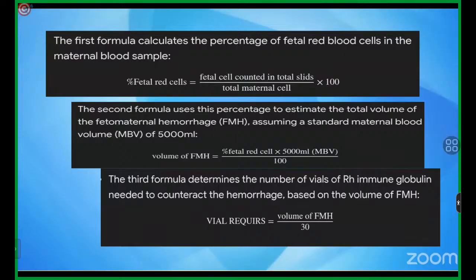So that's an estimation, and that is a constant there. So the volume of FMH is equal to percentage of fetal red cells times 5,000 mils over 100.